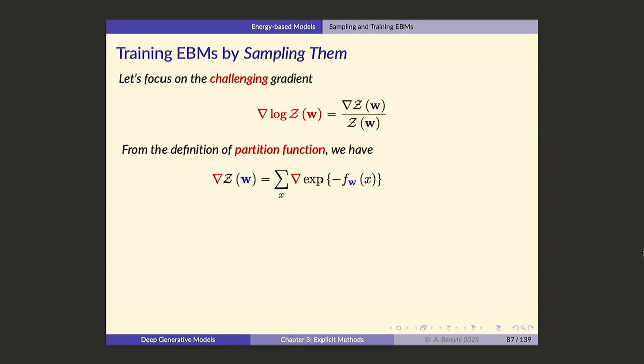Just apply the chain rule. For e to the power minus f of x, if I want to compute the derivative, right now assume this is just a scalar function. It's going to be minus e to the power minus f of x, and then one other term I need to add, and that is f prime, the derivative of this guy.